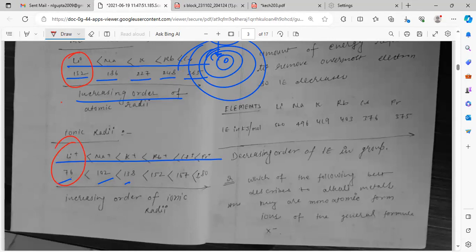I concentrated, I don't know this. You only told the answers when I was teaching the periodic table. See, Li has fewer orbitals, so the ionic radii should be less.